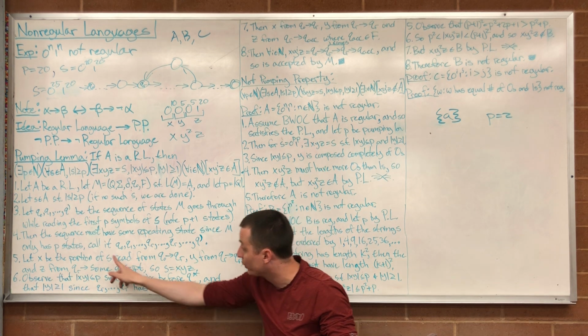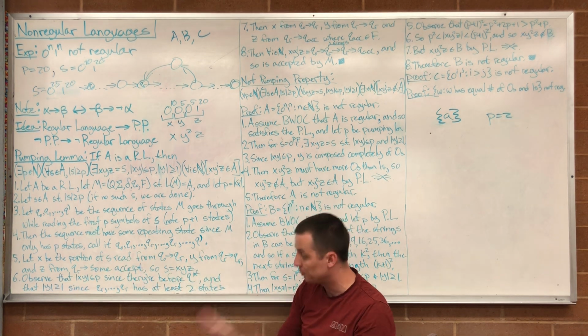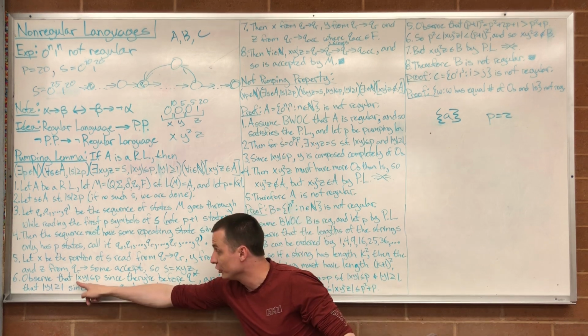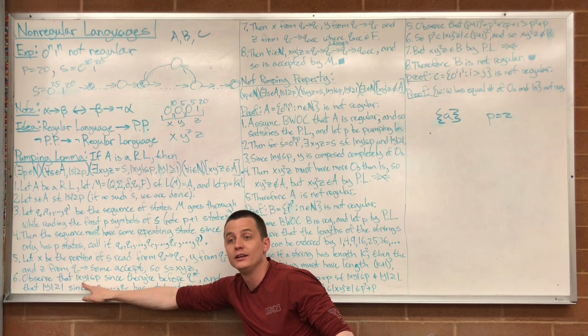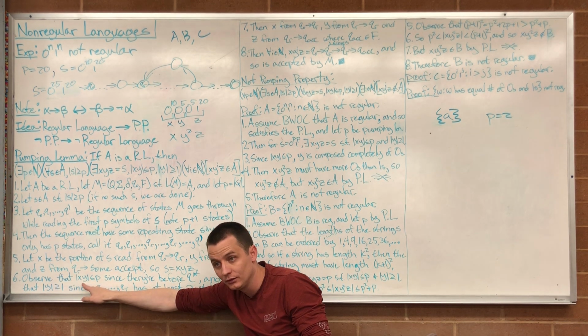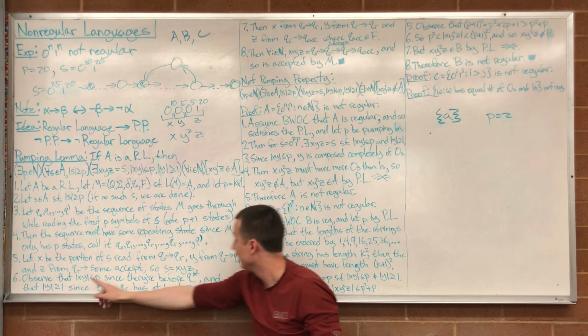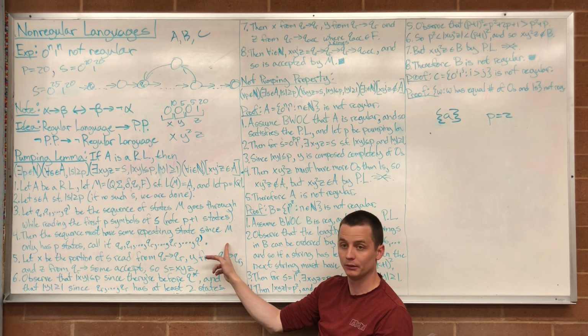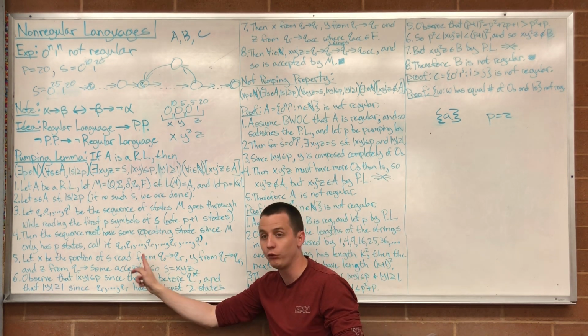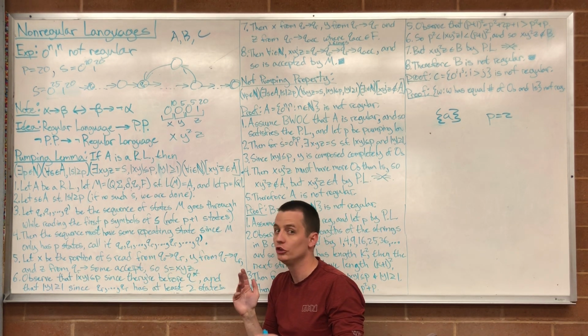Oh, I see. Q prime is how far we get after P symbols. So the length of XY can be at most P. It couldn't have gone to some state after Q prime. Our repeating state had to come before or at Q prime. Couldn't have come later.